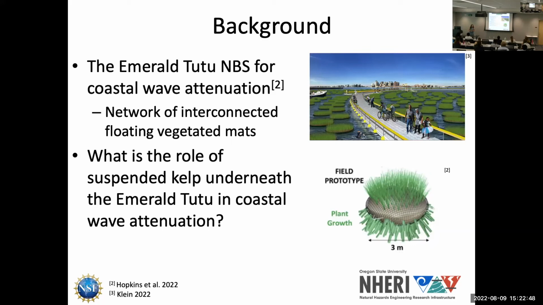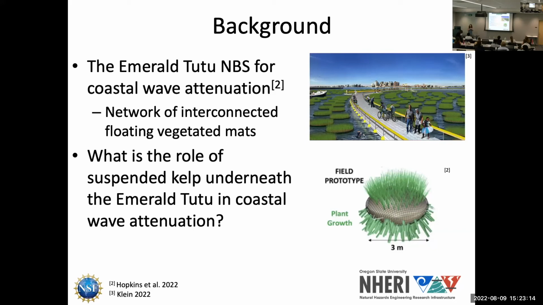So the Emerald Tutu is a system of interconnected floating vegetated mats. Think of these as little islands. They have vegetation on top and underneath, and there's plant growth underneath. That's a very important aspect of the structure. The two most important aspects of the structure are the vegetation underneath and the fact that this is an interconnected network of floating islands.